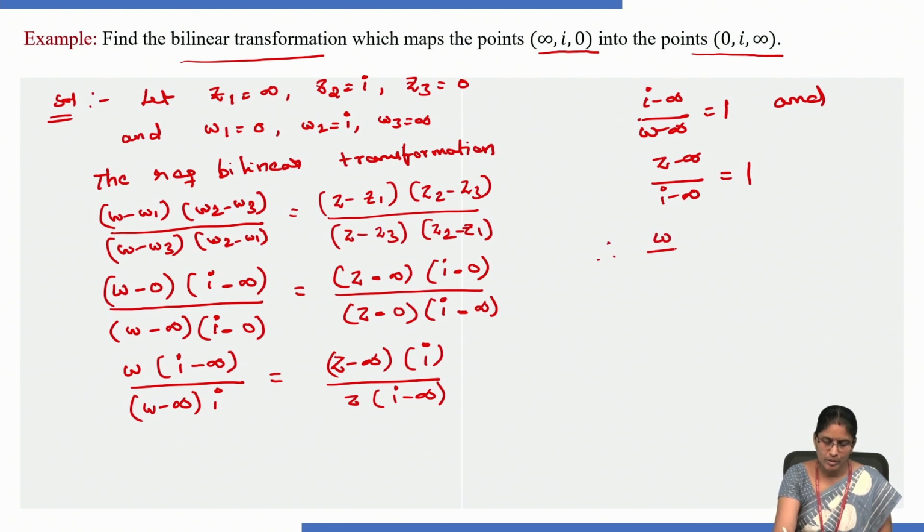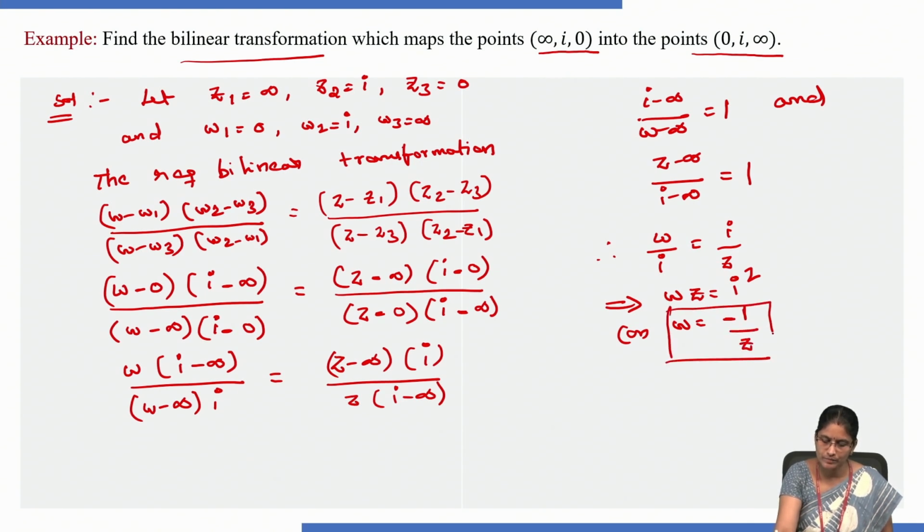Therefore, w by i is equal to i by z. wz is equal to i square, or w is equal to i square, that is minus 1, by z, which is the required bilinear transformation for the given points infinity, i, 0 into the points 0, i, infinity.